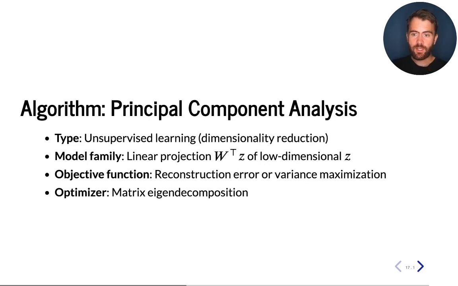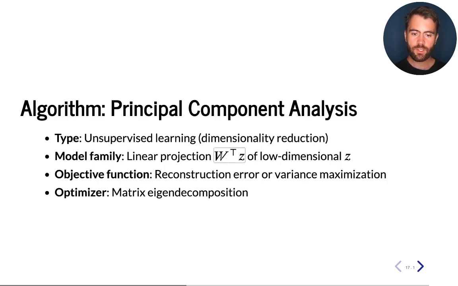So finally, all of what I just mentioned defines the entirety of the algorithm of principal component analysis. As I said earlier, it's an algorithm for unsupervised learning, and in particular for dimensionality reduction. It optimizes a model family, which is a set of linear projections of this form.